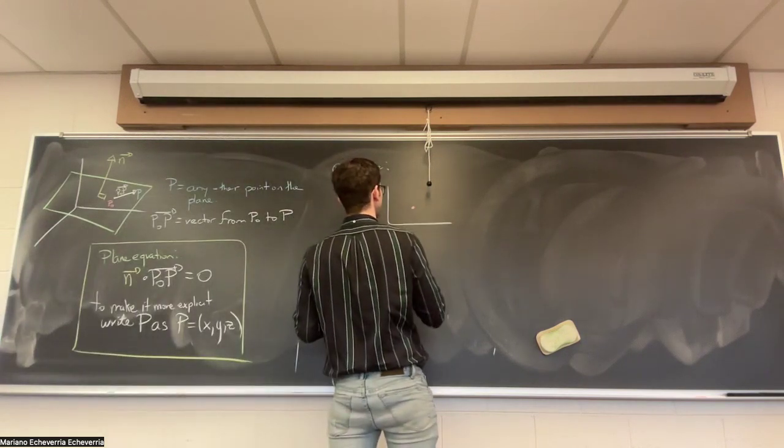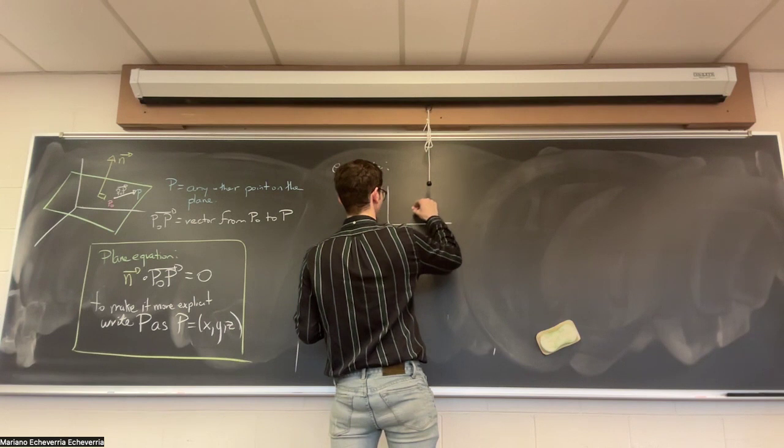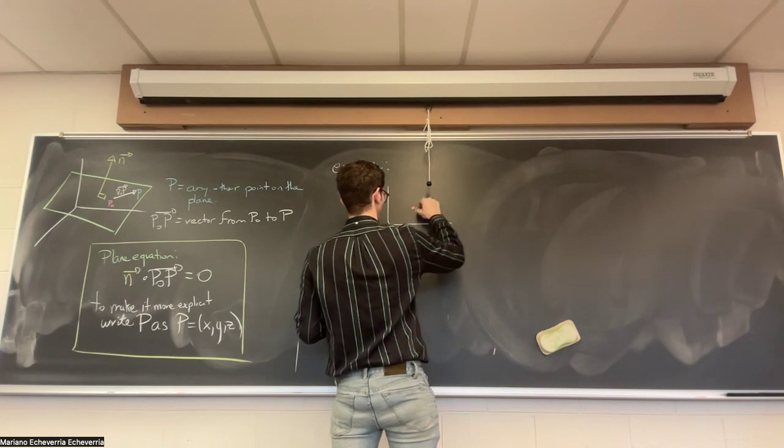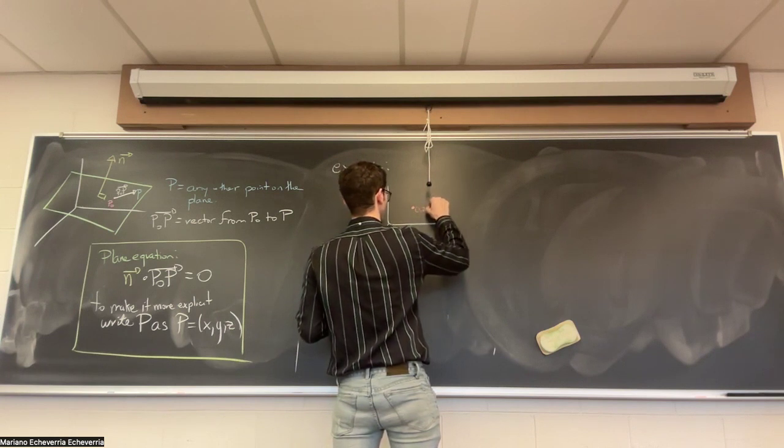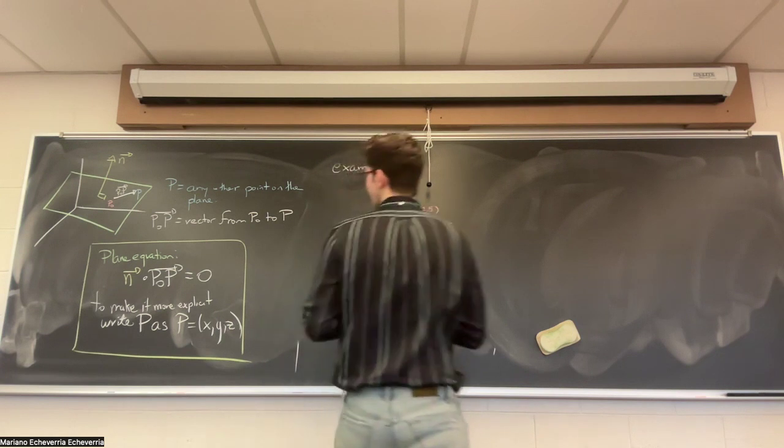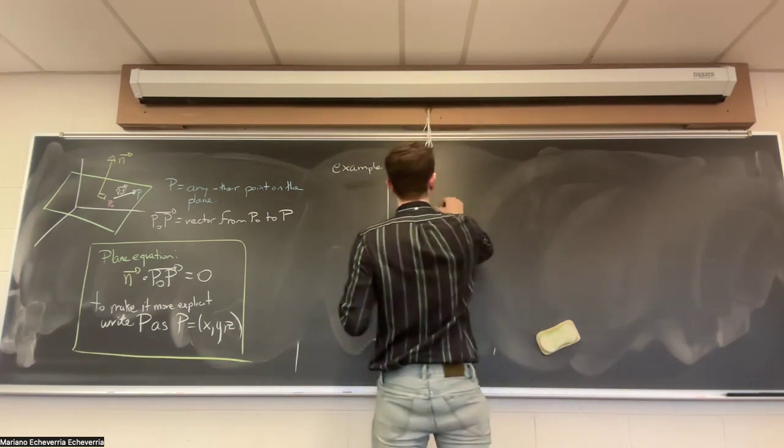So let's say that this is the point 1, 2, 5. This is my P naught.